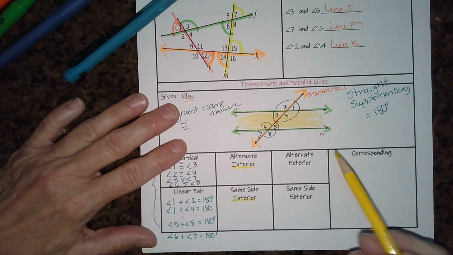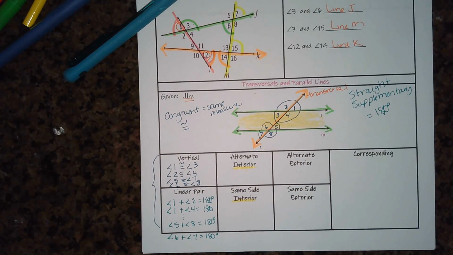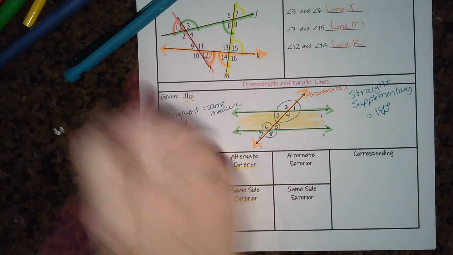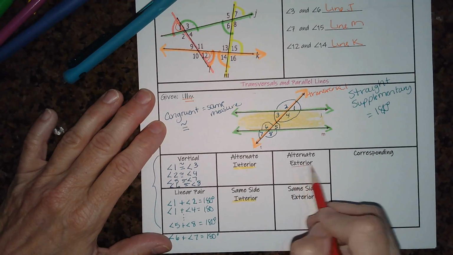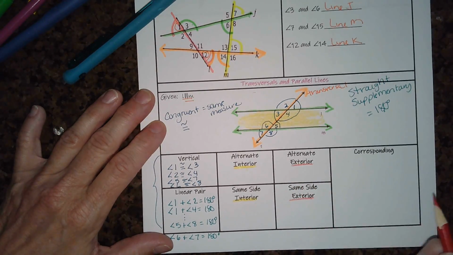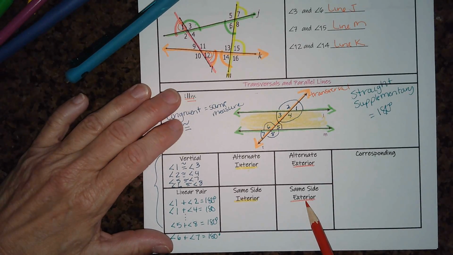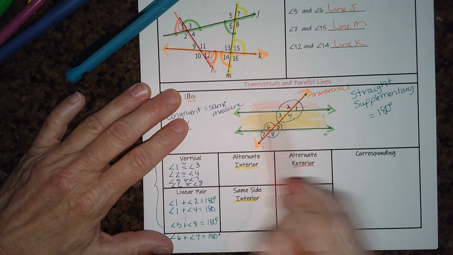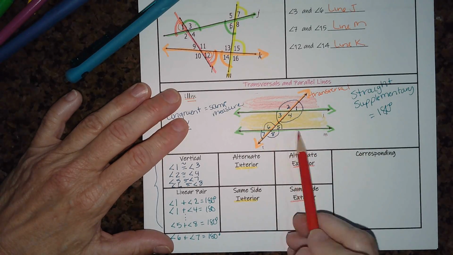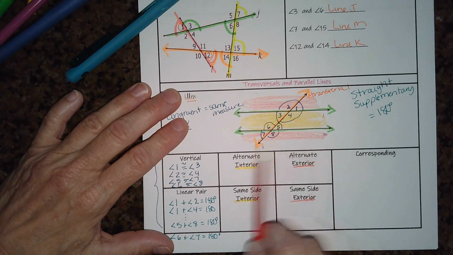And the other term would be exterior. And when we're talking about exterior, we're talking about outside of the parallel lines.